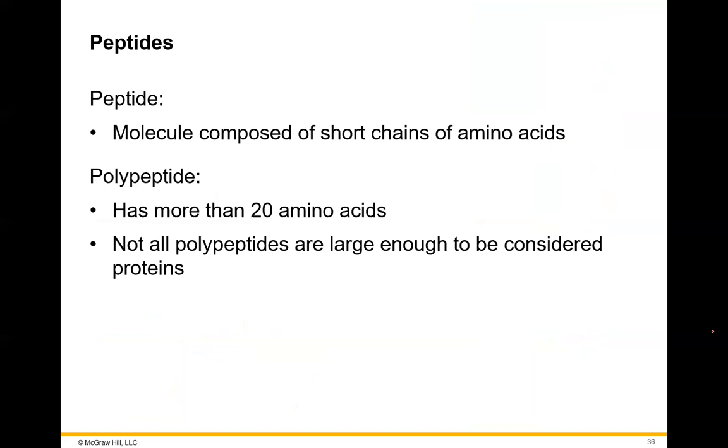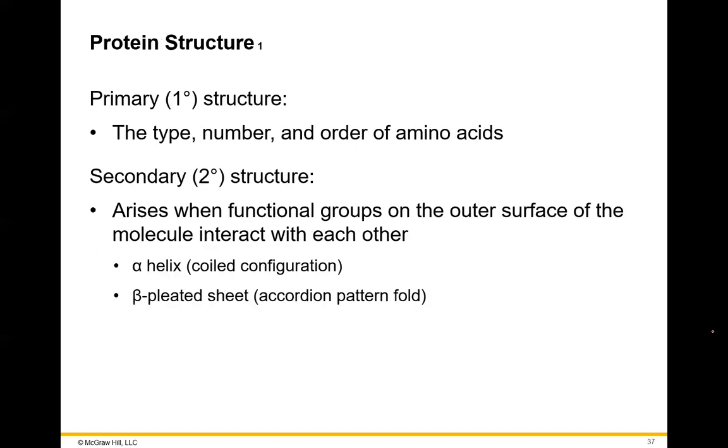And a peptide is a term for a short chain of them. If you have more than 20 of them, it's a polypeptide. All right. A polypeptide does not make a protein. You could have thousands of amino acids linked together. If it doesn't really come together and have its function, it's not really a protein yet. Okay. We'll talk about the structures of protein and what makes what next.